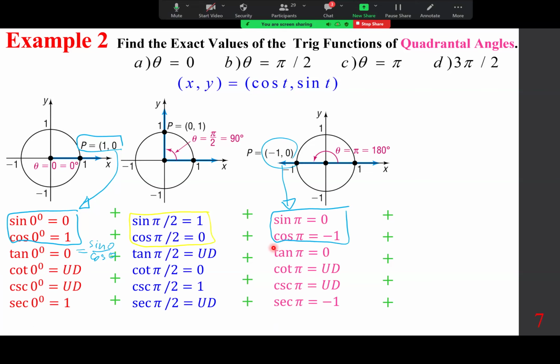What is tangent? Sine over cosine, 0 over -1 is 0. What is cotangent? The reciprocal of that is undefined. Cosecant, 1 over sine, 1 over 0, undefined. Secant, 1 over cosine, 1 over -1 is -1.